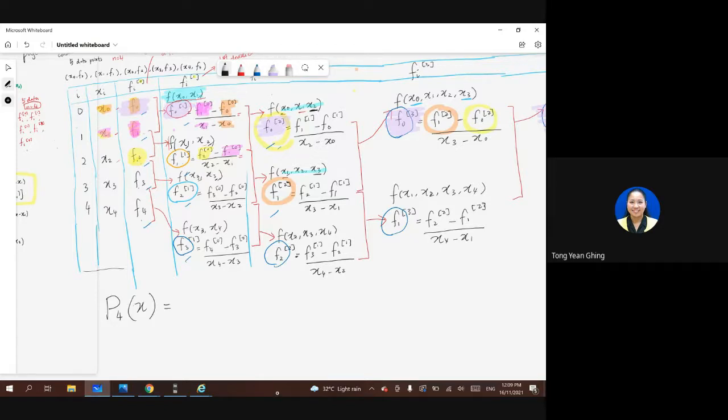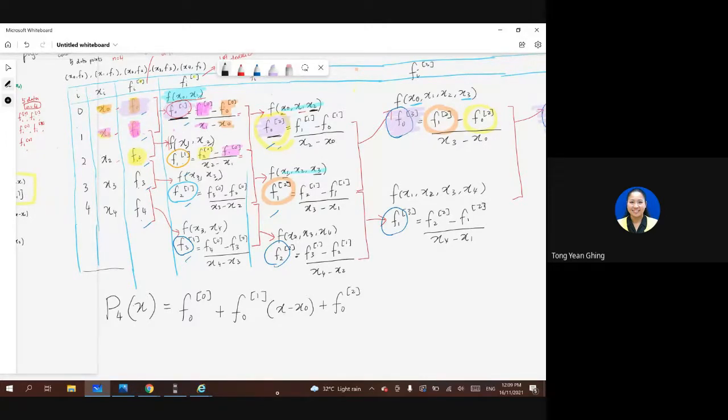equal to, so kita start dengan F0 0 degree, and then plus with F0 first degree. Okay, this value. Okay, and this one kita kena ambil x minus x0. Darab dengan x minus x0, and then plus with the F0 second degree.